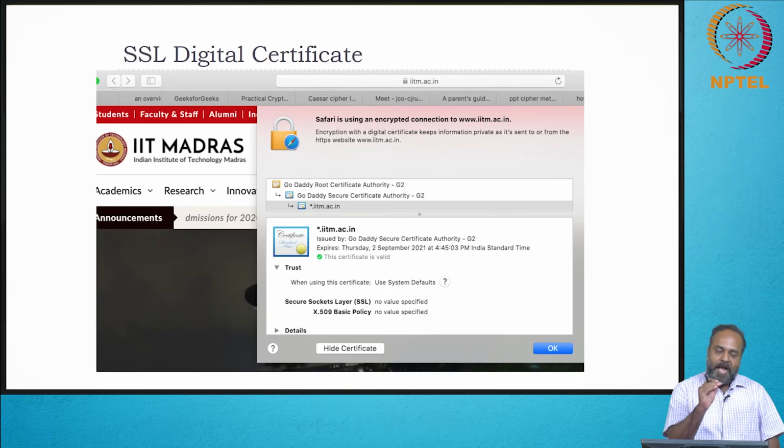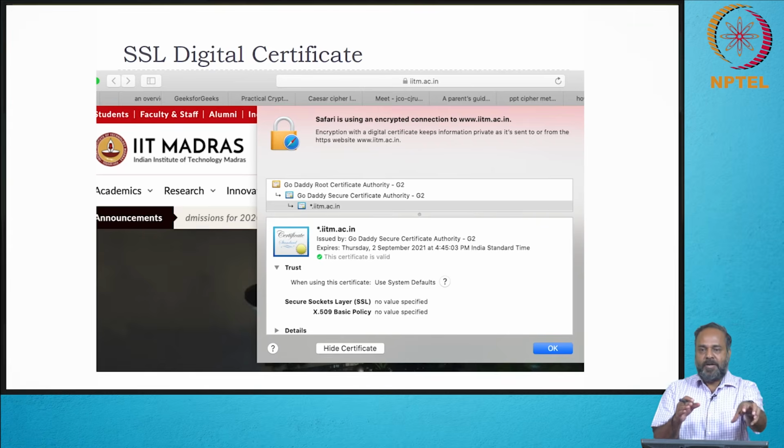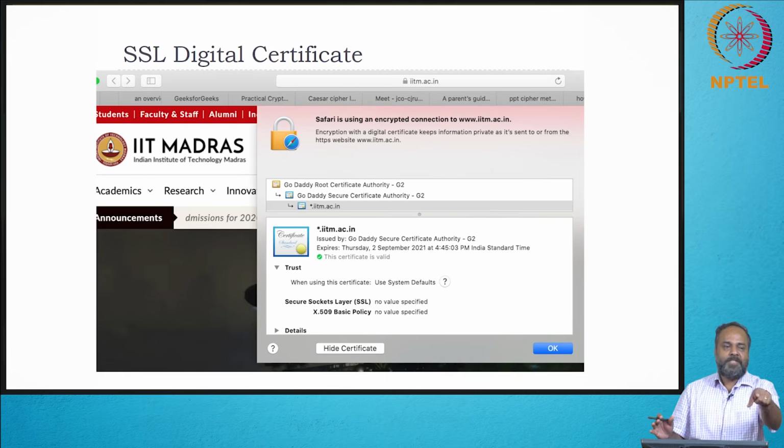So, they verify IIT Madras's digital certificate. You can imagine that digital certificates are like signatures signed by the company, managed by a third party. Your browser will access the digital certificate of the site you are trying to access and verify that, well, you are fine, there is a certificate stored somewhere which authenticates that site.